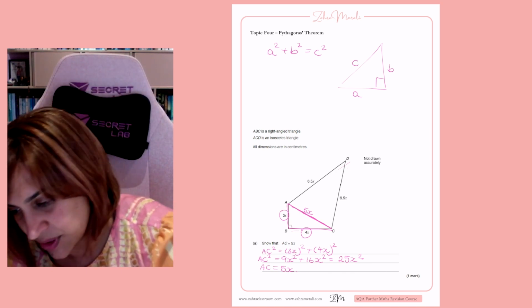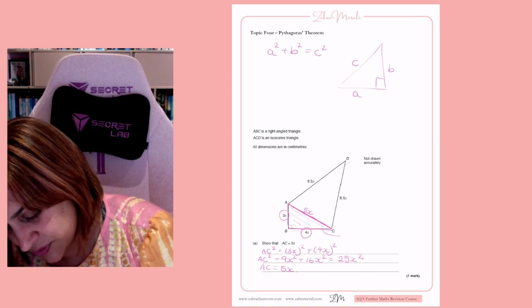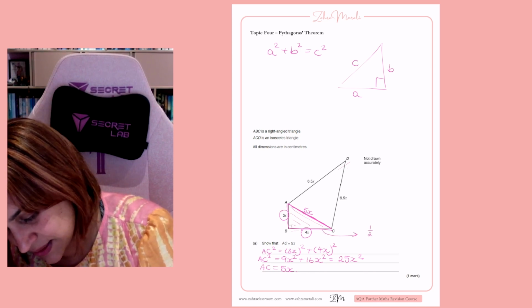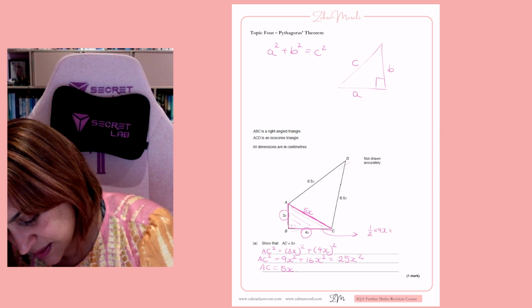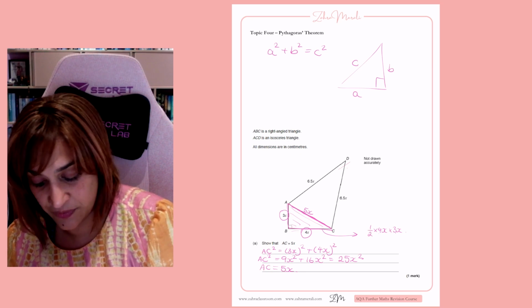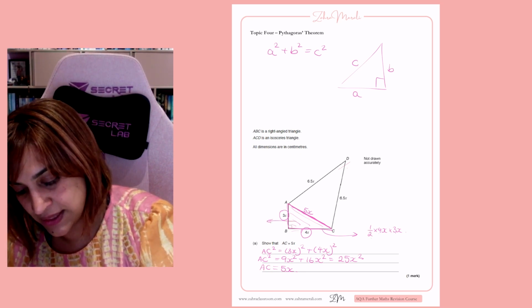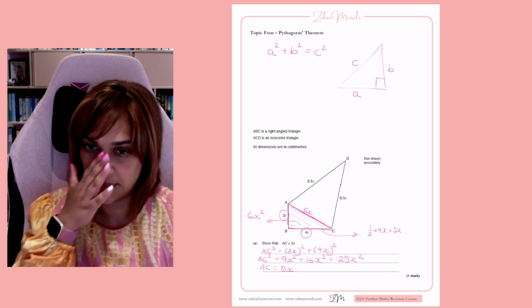We could start with the triangle at the bottom, because it's a right angle, so it's easier. So we've got half the base times the height. So we get 4 times 3, which is 12, divided by 2, which is 6. So the smaller triangle at the bottom is going to be 6x squared.